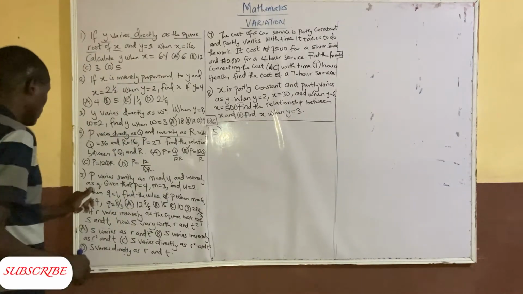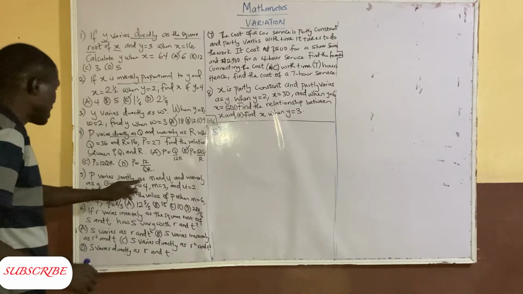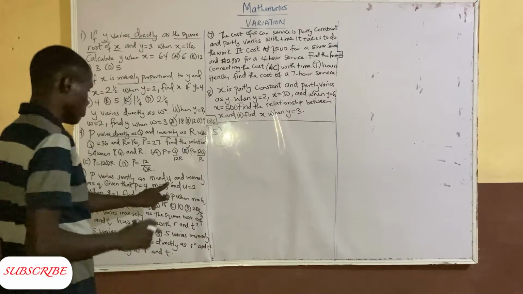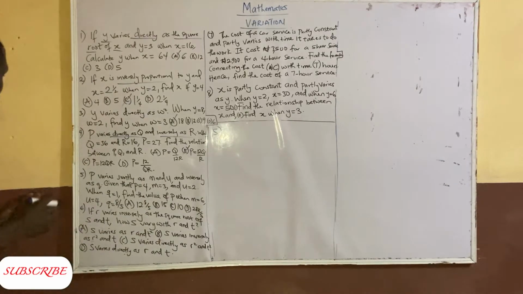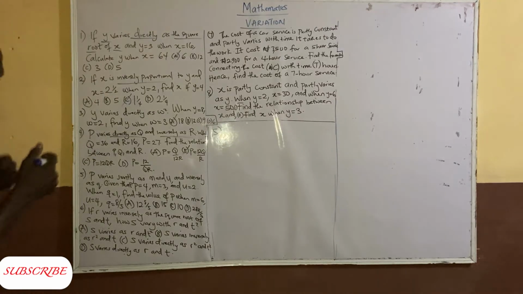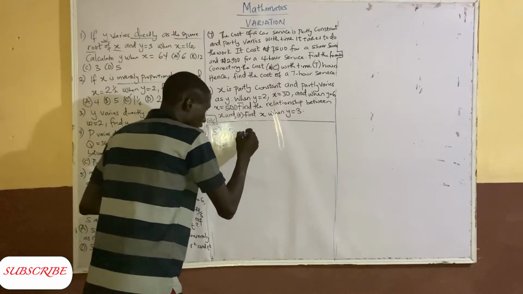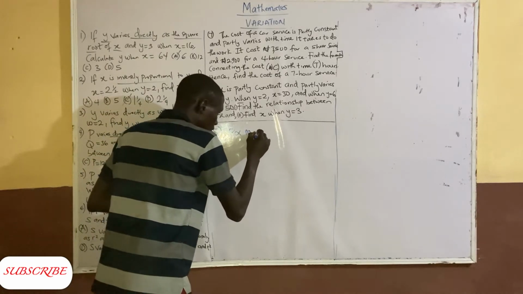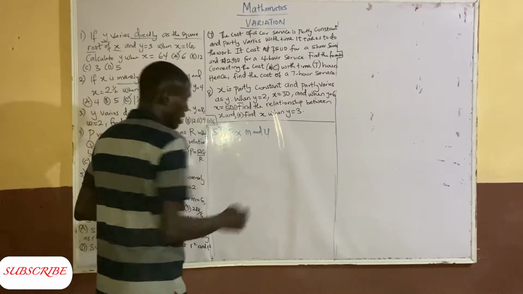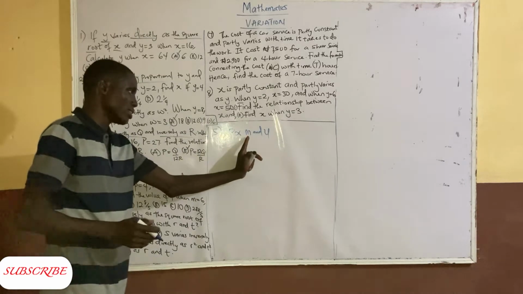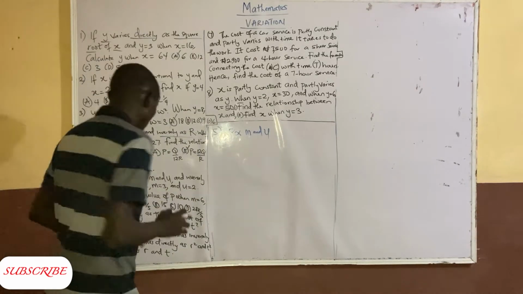Now let's say that P varies jointly as M and U. Now P varies jointly as M and what? U. So that is multiplication, M times U. But let's leave it like that.